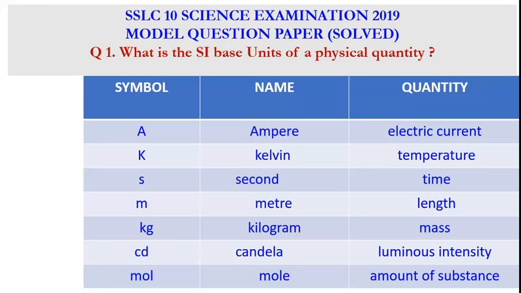The question will be asked in your forthcoming examinations in 10th standard science. What is the SI base unit of a physical quantity? This is the question. You have to answer only one.